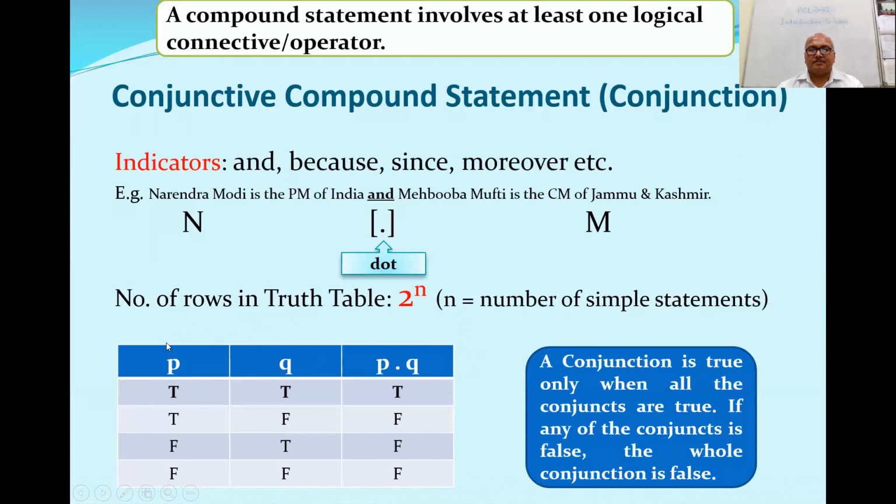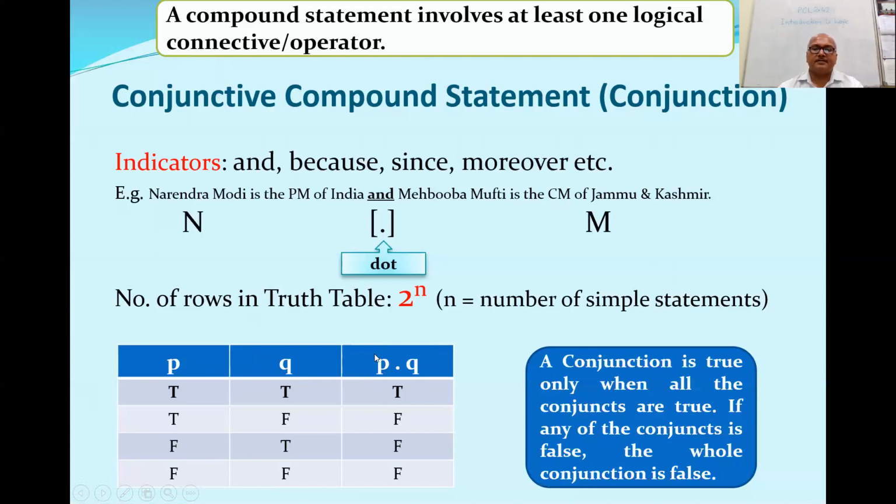So consider if p is one simple statement, q is another simple statement, how many possibilities of their conjunction exist? p, q in conjunctive form is written as p dot q.